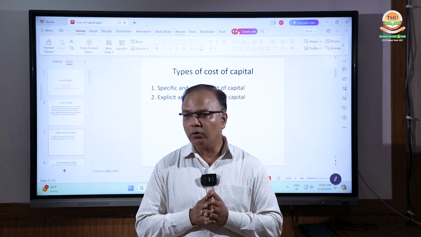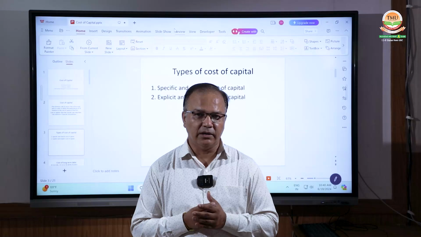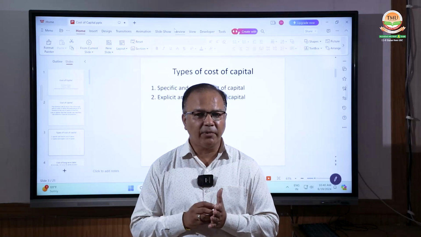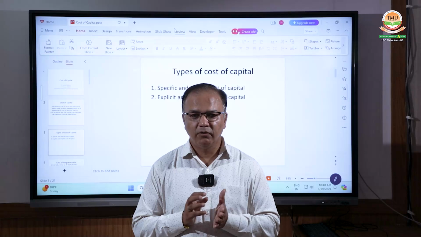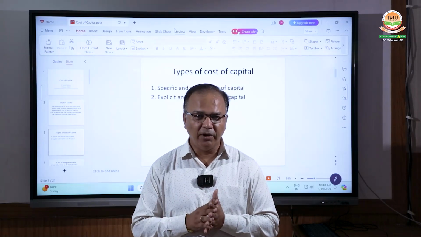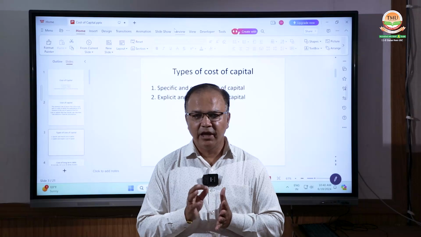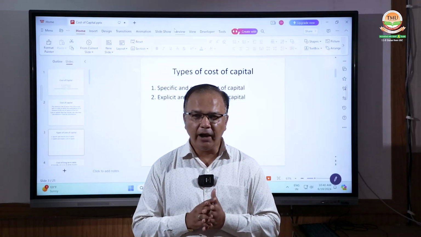Now, if we have to calculate overall cost of capital, it will be weighted average cost of capital. Now, weighted average cost of capital will be 12 into 0.5 plus 16 into 0.5. Now, 12 into 0.5 means 6 and 16 into 0.5 will be 8.